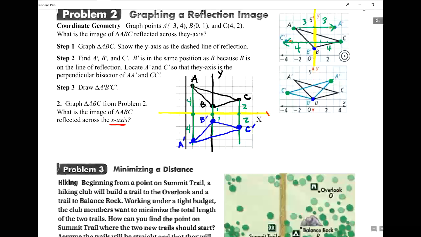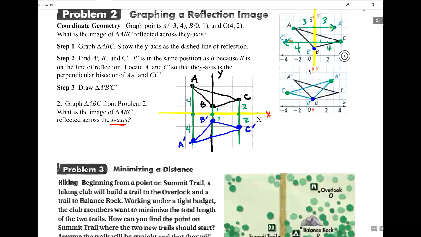So this is my x-axis here. I drew in my line of reflection, and then I know to reflect that I need to draw in a line perpendicular to my line of reflection. So I drew my vertical lines down from my points, and then I simply counted A went down 4 to get to the line of reflection, so I counted 4 more and plotted A prime.